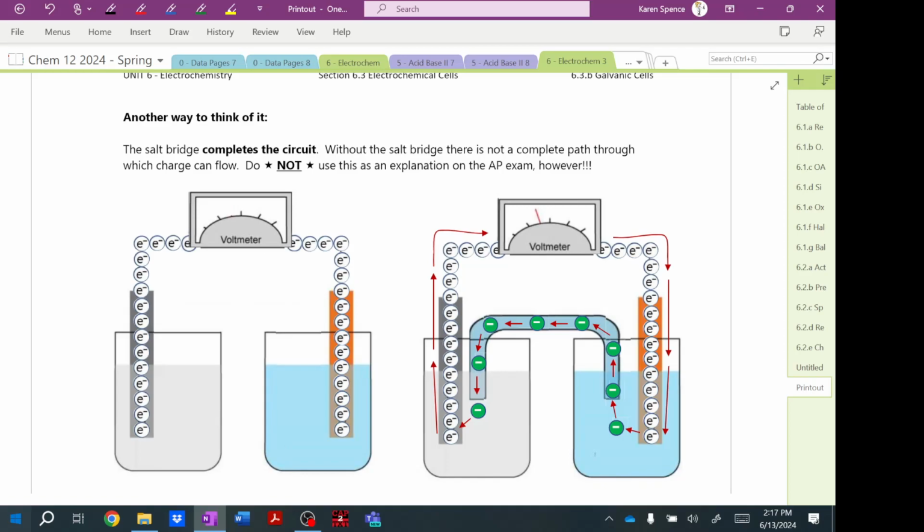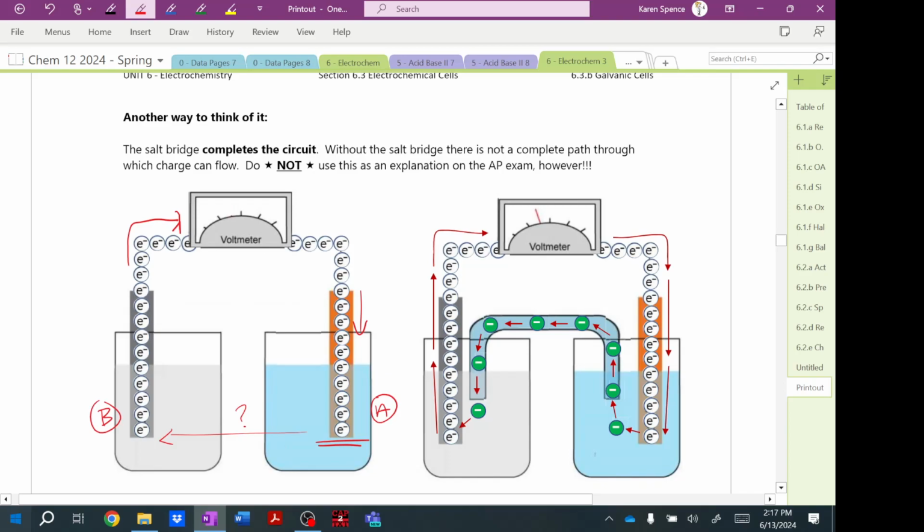Yeah? If you have electrons that are trying to flow, but electrons cannot dissolve into water, how are the electrons going to get from A to B?